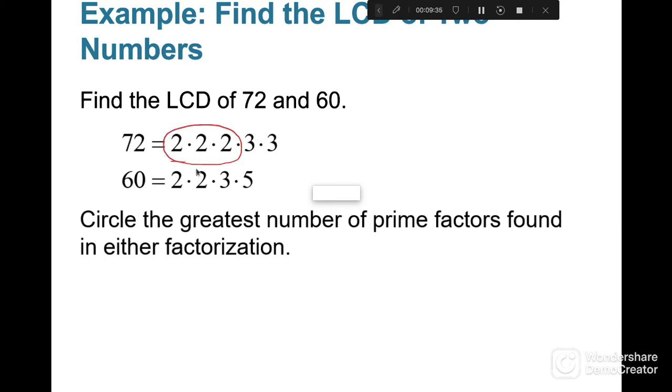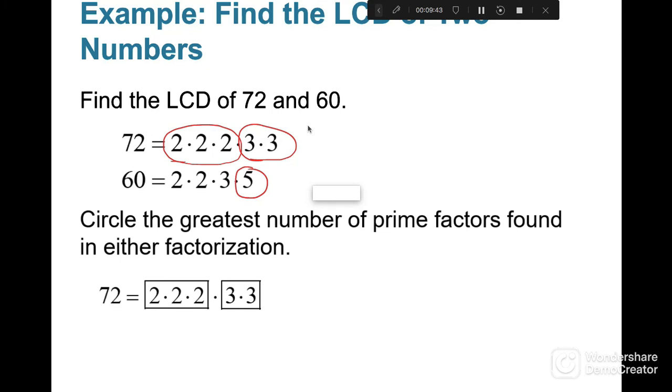This one has 3 2s. This one has 2 3s. And this one has 1 5. And we're going to multiply all of those together. We do not multiply these 2s and 3s because 72 already includes those. They kind of cancel out.